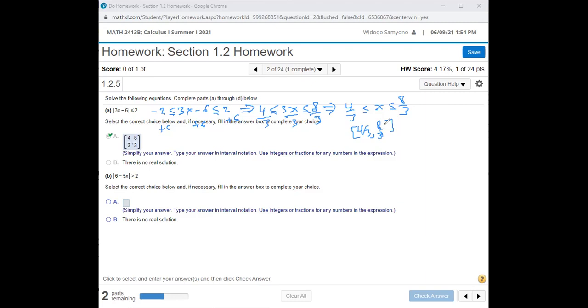So the upper bound will be this, but because it's less than and equal, you need to put a square bracket. Okay. So next one.